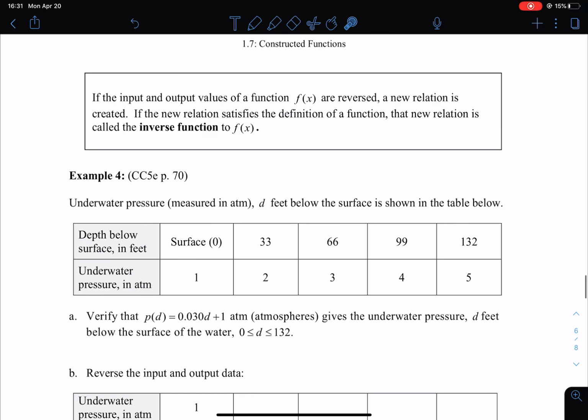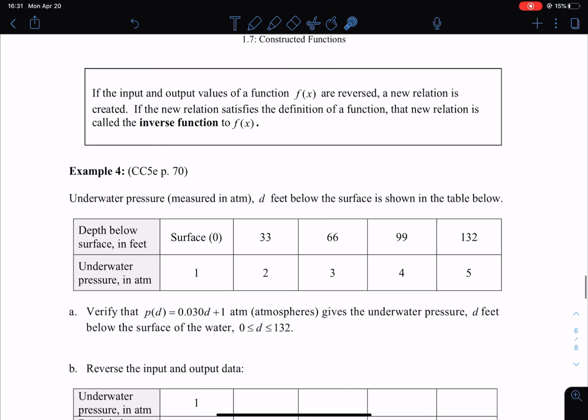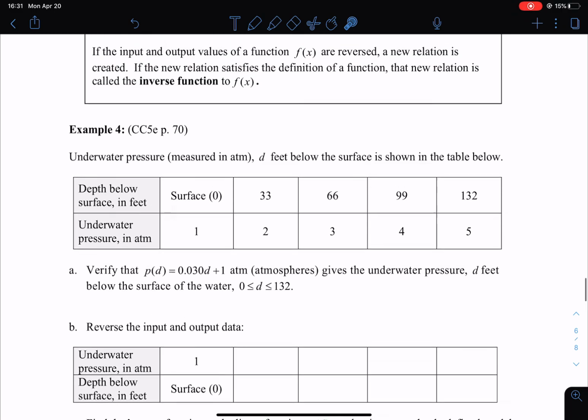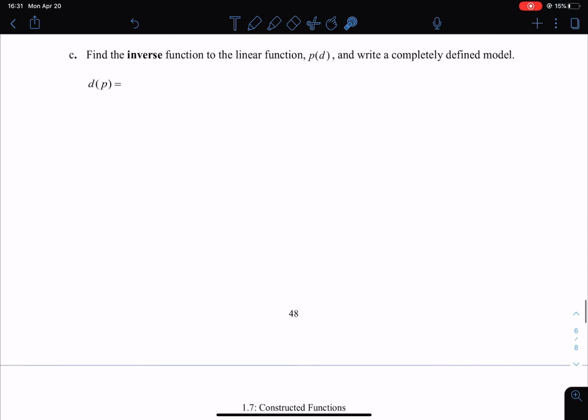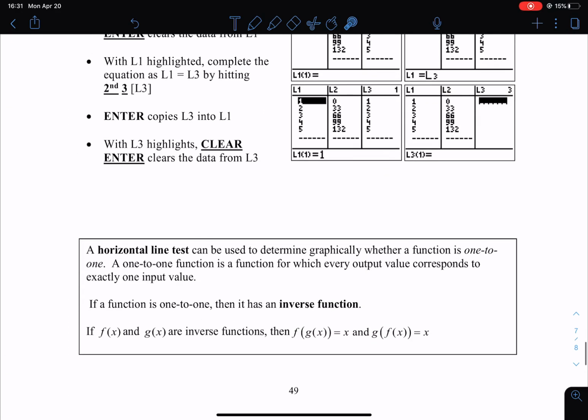This part is the inverse function. If you just swap the input and the output, then we are going to get the inverse function. And we can use the horizontal line test to determine graphically whether a function is one-to-one.